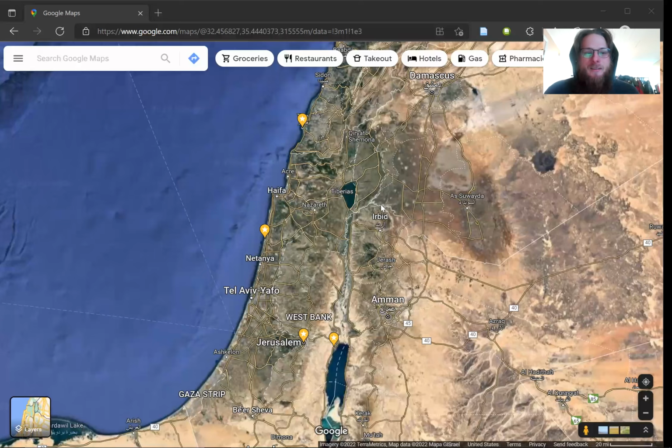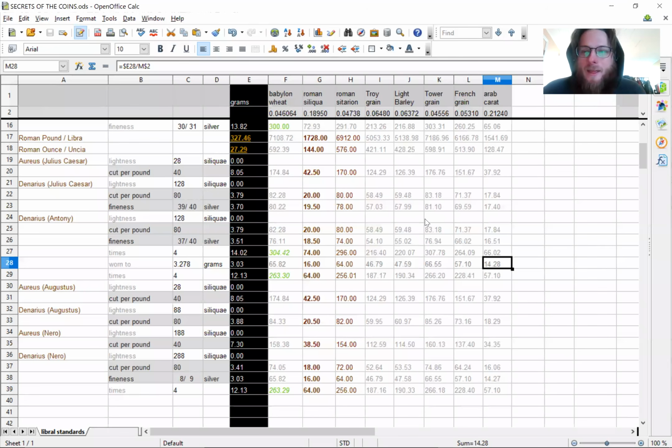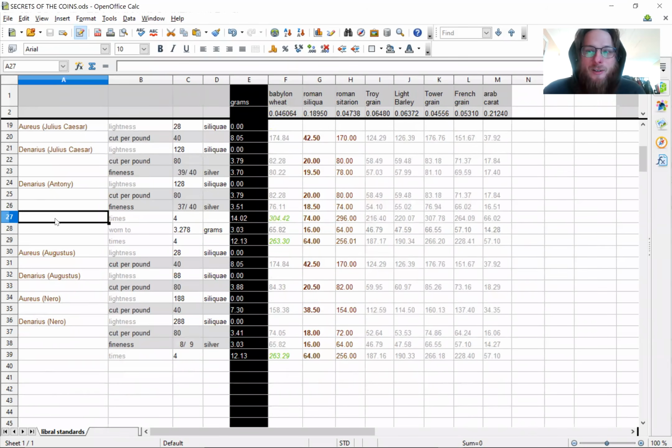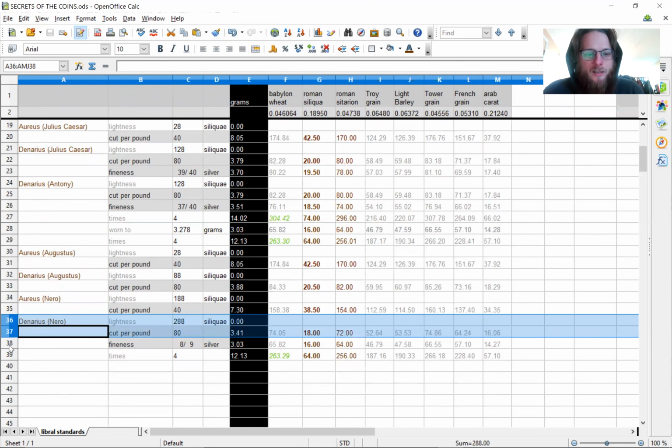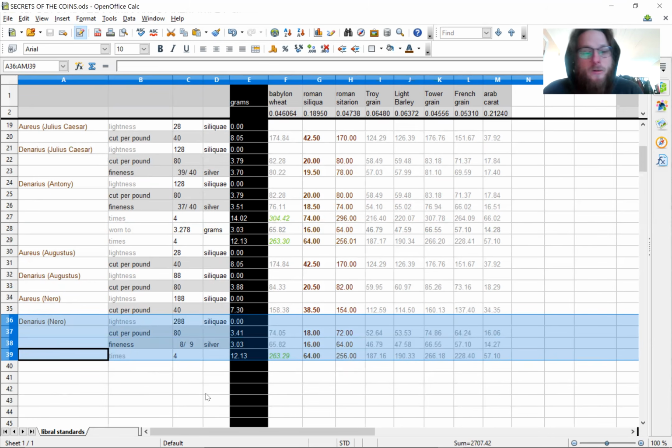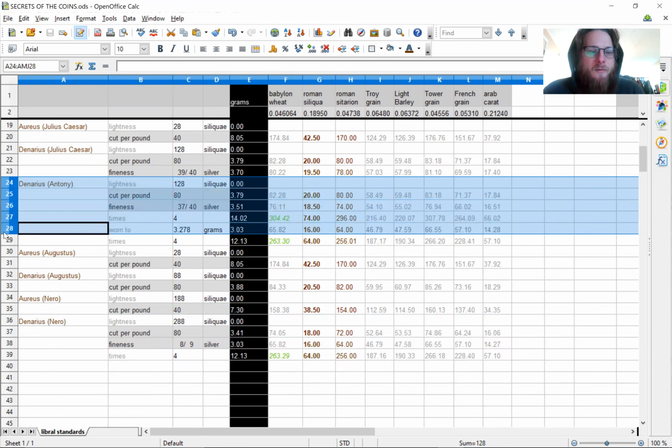Let's look at these coins. But the other coins that were minted then are not circulating. So the coins that you in the 2nd century AD are going to care most about are this coin, the denarius of Nero, and I'll walk you through what all these numbers mean in just a second, and this coin, the denarius of Antony.